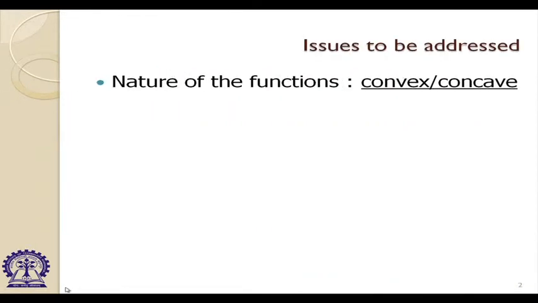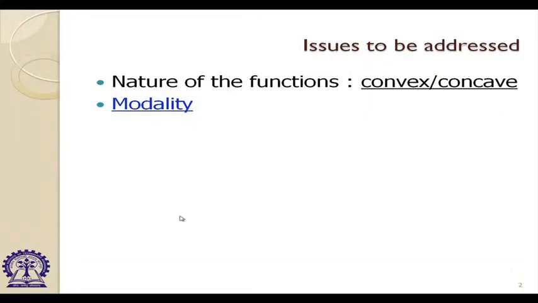Again, coming to that point, I was talking about in the last class, that the functions involved, that means the objective function as well as the constraints, both can be nonlinear in nature. If we consider in general all are nonlinear, then we need to study a few things. First of all, whether the function is convex or concave.